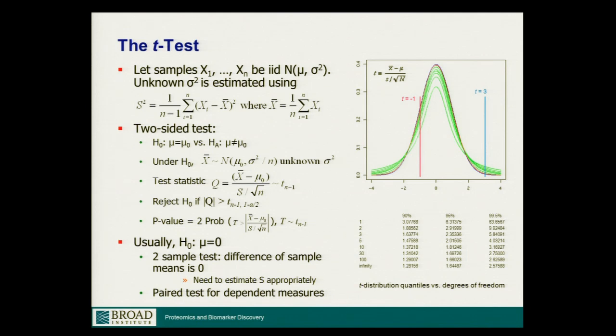You could do it for other options by just subtracting the number you're looking for, but generally we are looking for whether the difference is 0. So if you are interested in a peptide and you're looking at the log ratio of the peptide, this would be a perfect test. The test would ask, is the log ratio 0? And if you can reject that hypothesis, then there is a difference. If not, there isn't a difference.